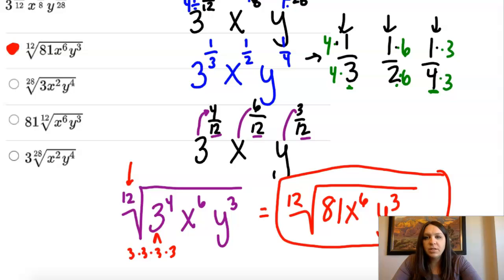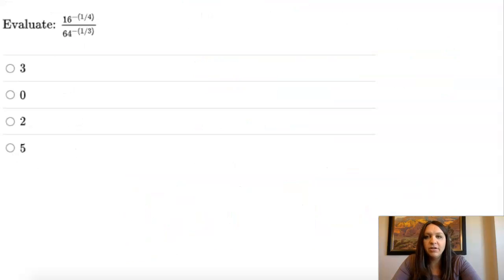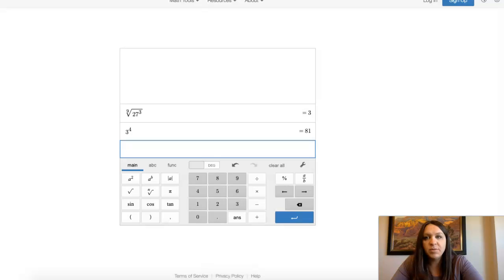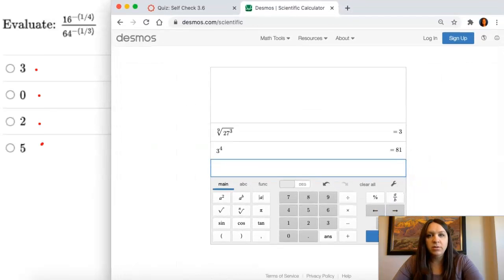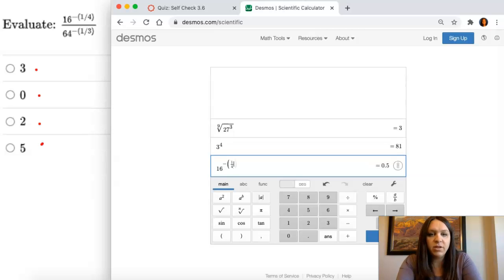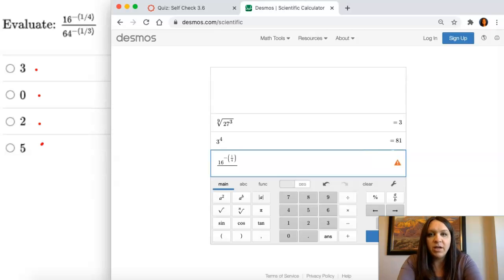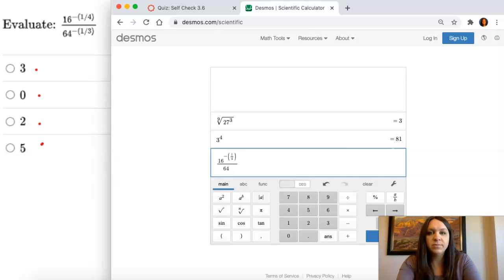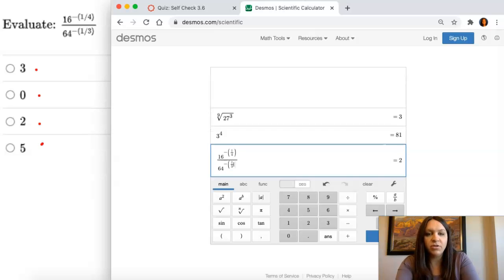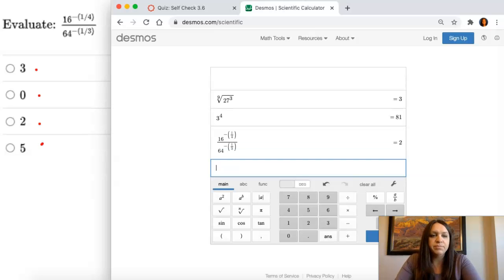Okay, so on those, make sure you get the common denominator. On the rest of these, you can put in your calculator when they come out as a nice number. So I'm going to pull up Desmos. And then I have 16 to the negative 1/4 divided by 64 to the negative 1/3, which is 2.